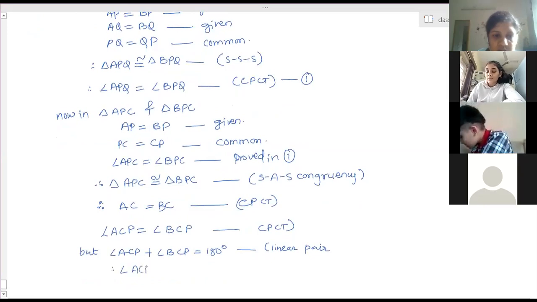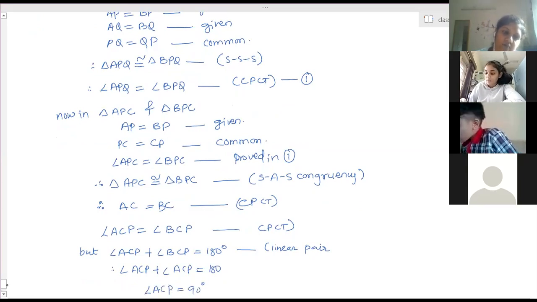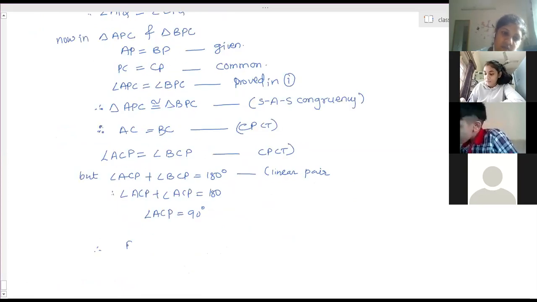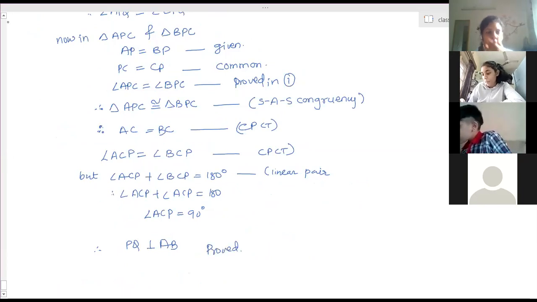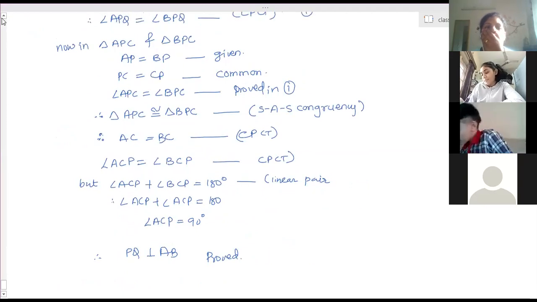Therefore, angle ACP plus angle ACP is equal to 180. Angle ACP is equal to 90 degrees. Therefore, PQ is perpendicular to AB. This is a 4-marker question. They have asked many times.